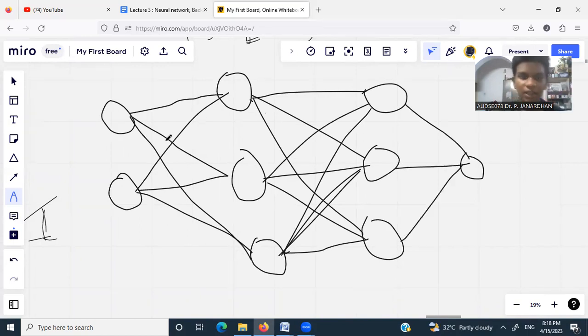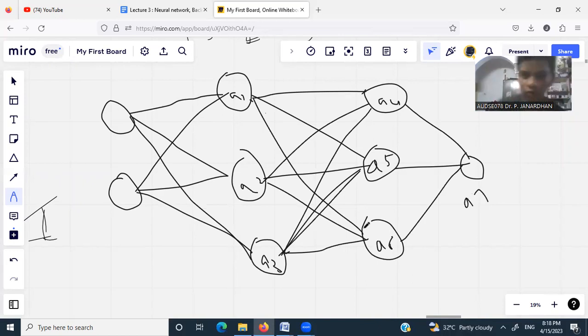Let's name all these neurons. This is A1, this is A2, this is A3, this is A4, this is A5, this is A6, and finally this is A7.